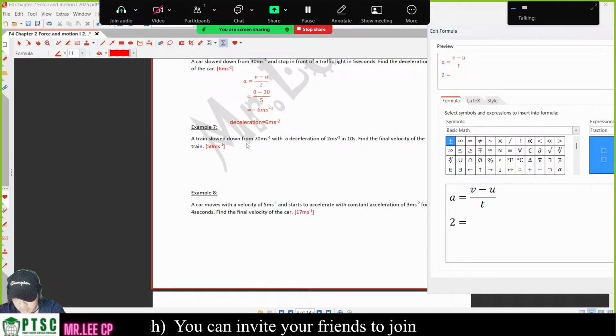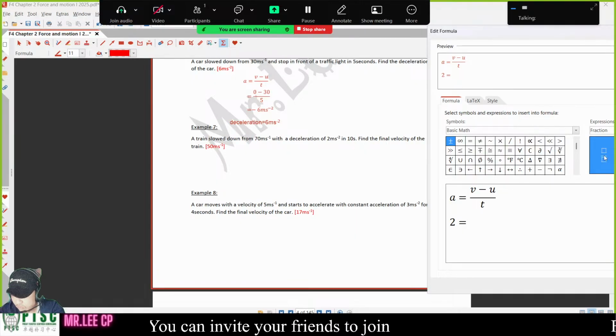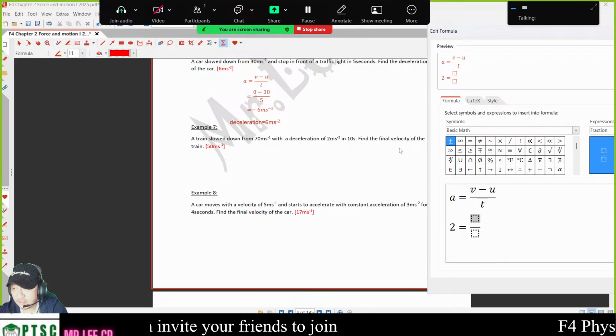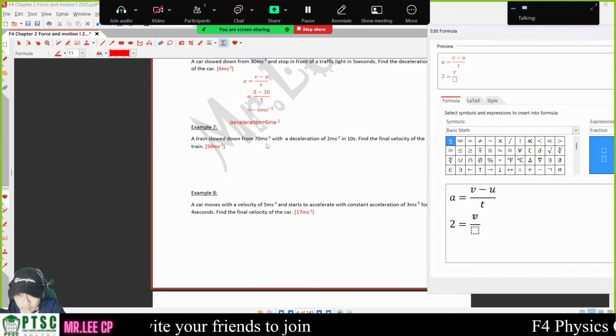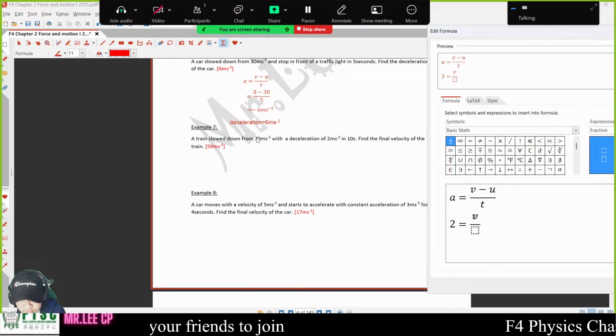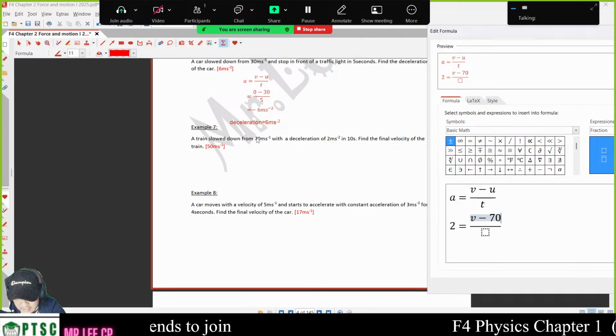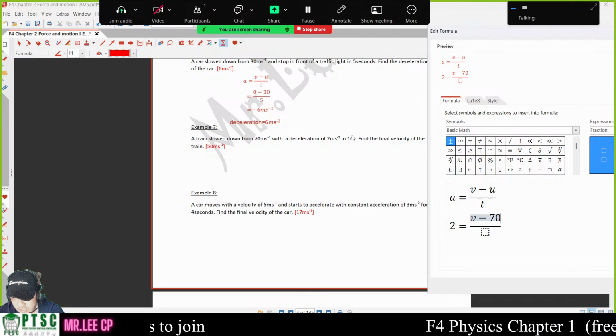Final velocity I don't know, but this one is velocity. Slow down from 70, so your starting is 70, over the time of 10 seconds.